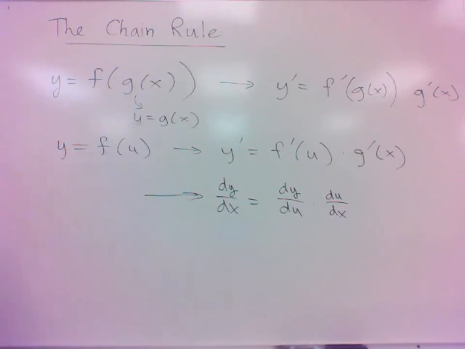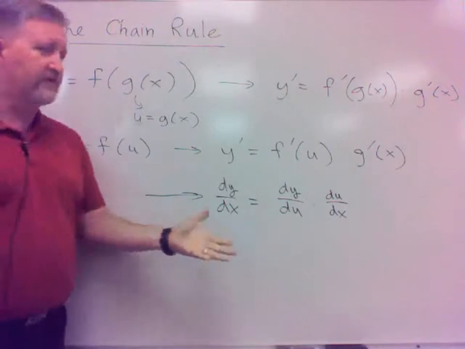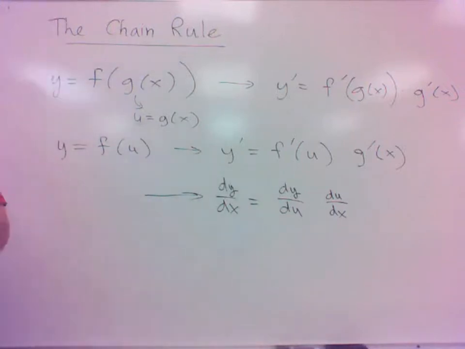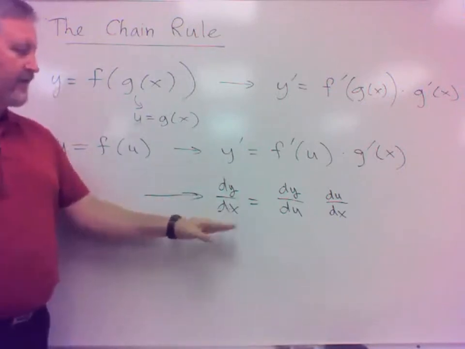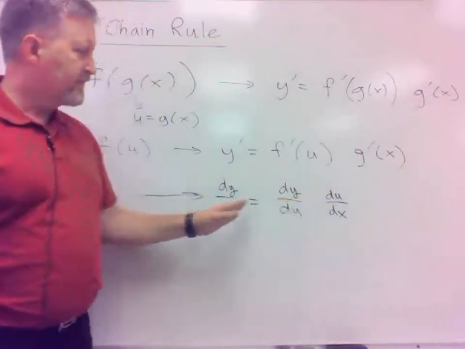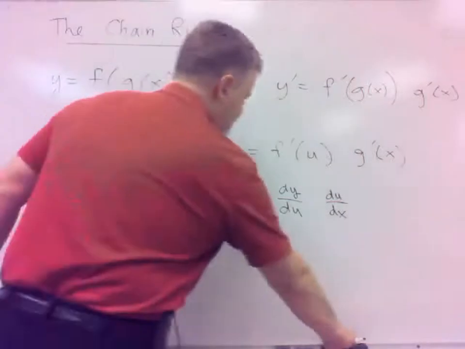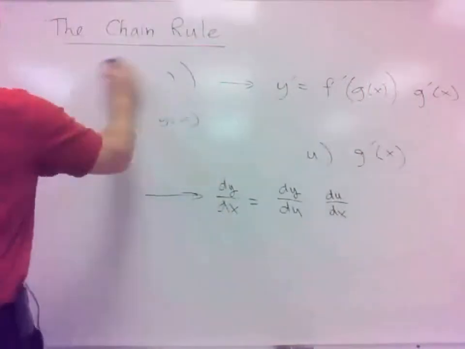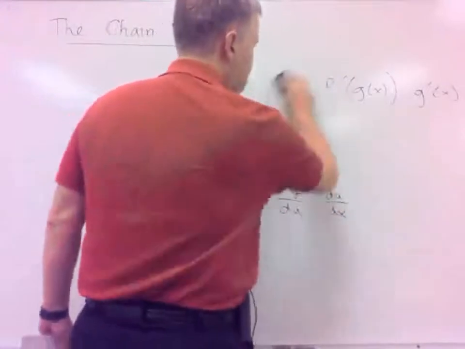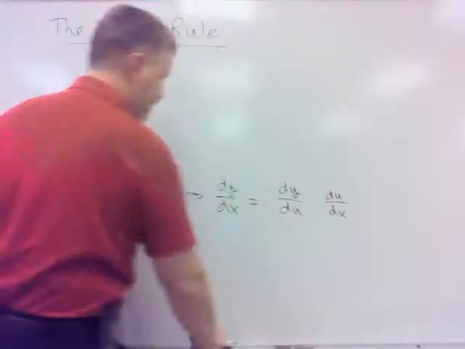The chain rule, because now what we're going to do is talk about functions of two or more variables, right? z is f of x, y. But anyway, that's what the chain rule looks like in this Leibniz notation. Okay.